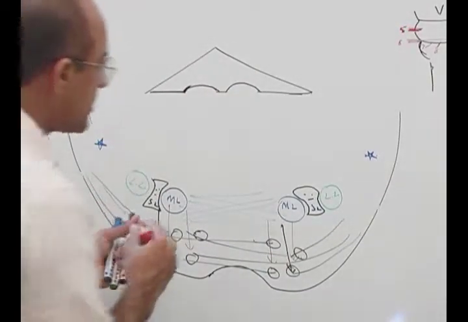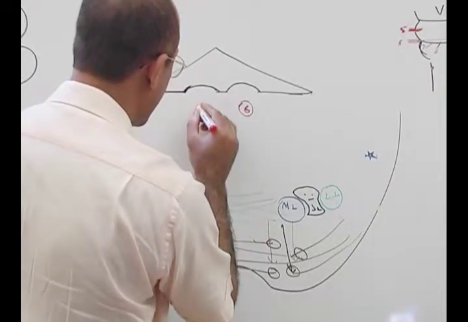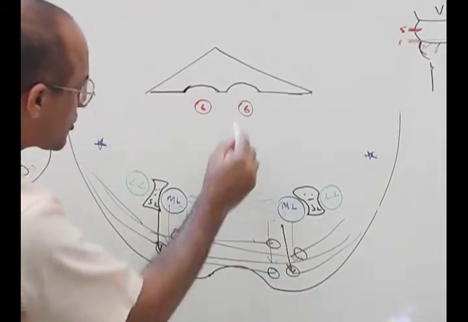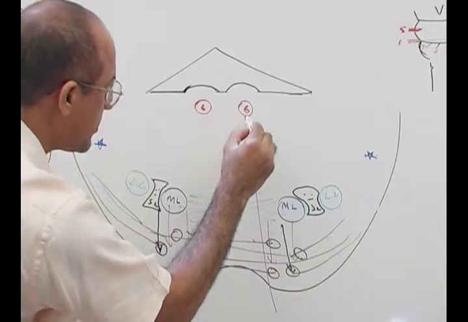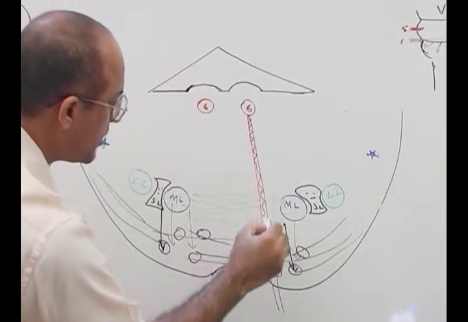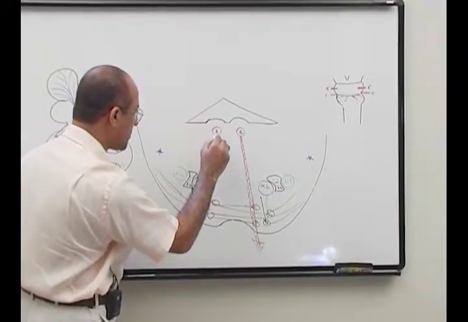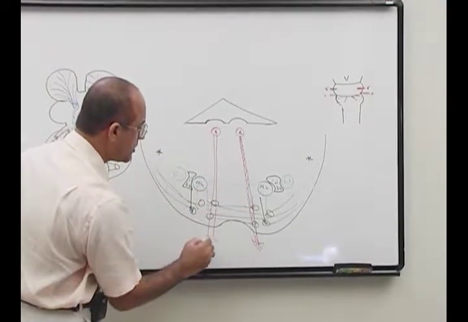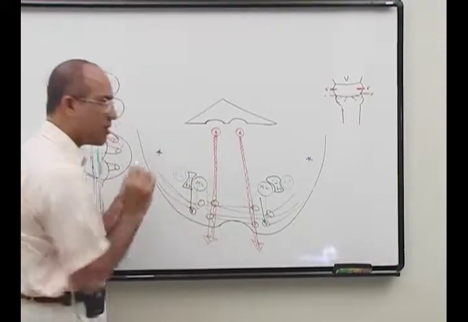Now, here there should be what? Which nucleus? Sixth, abducent nucleus. And abducent nucleus fibers are going straight out from here. These are which fibers? And what are these fibers coming from here? Of course, again, abducent nerve fibers. Is that right? Any problem here?